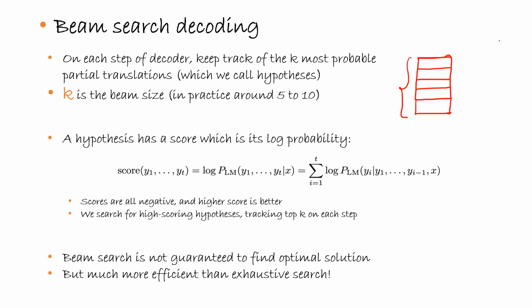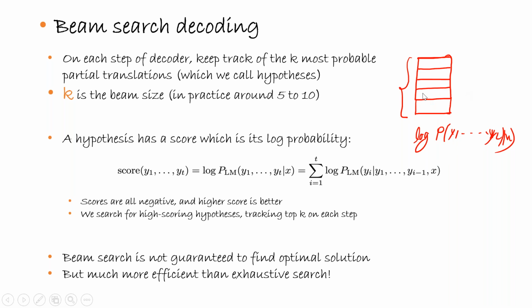The hypothesis has a score, which is its log probability. So we will get the log of the probability of y1 to yt given x, given a target sentence. The score will be based on that. Scores are all negative, and a higher score is better. So the higher the score we get, the better it is.